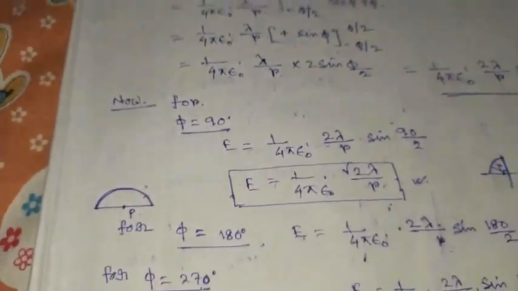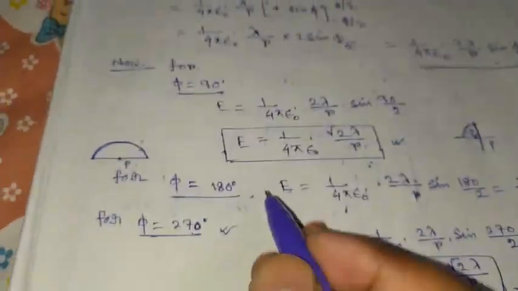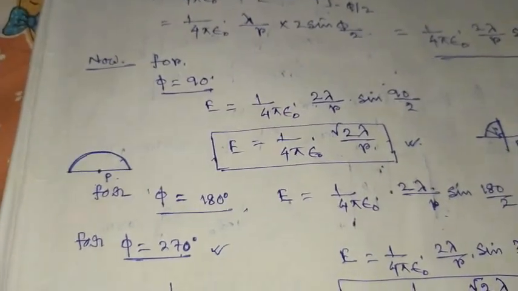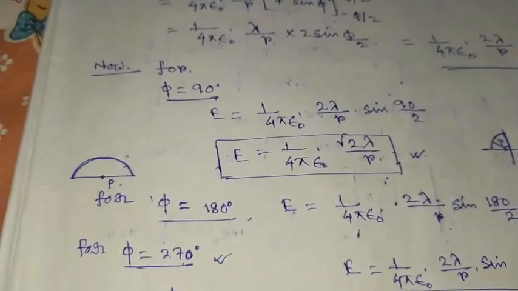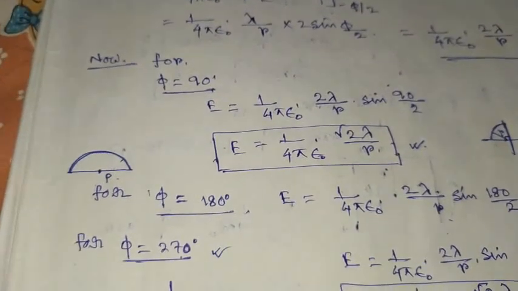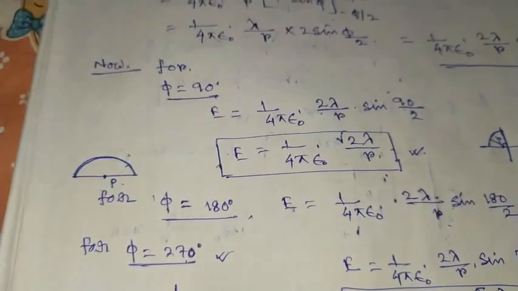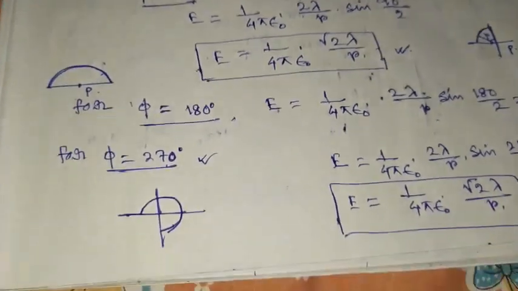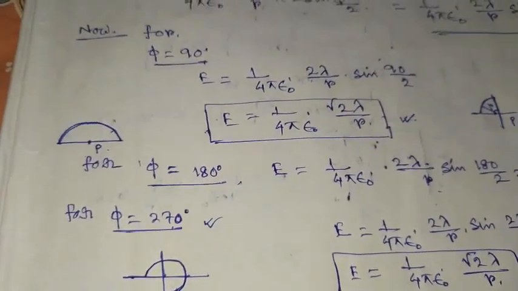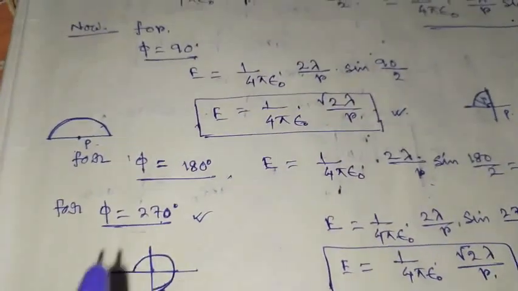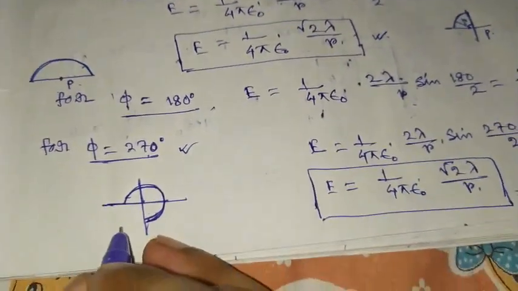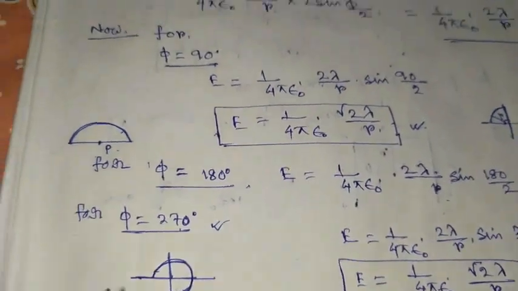Now coming to the point phi equals to 270, and the figure can be drawn in this fashion, because 270 is 90 into 3, so that means a 3/4 circle. Got it? 3/4 circle. In this fashion you can depict the diagram, with 1/4 remaining unclosed.